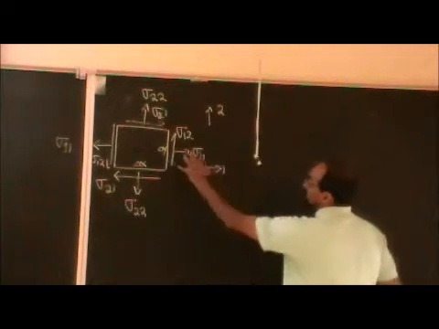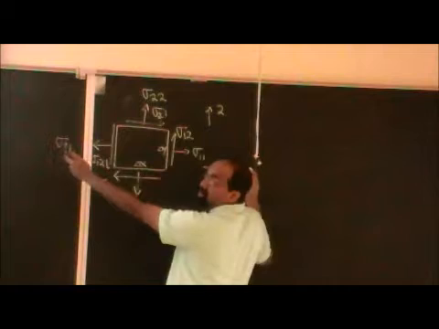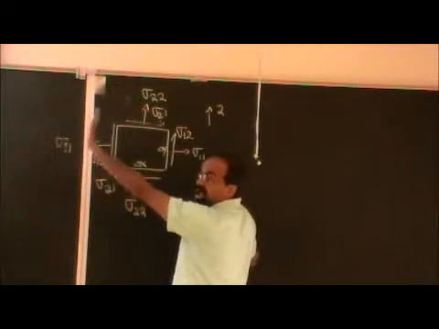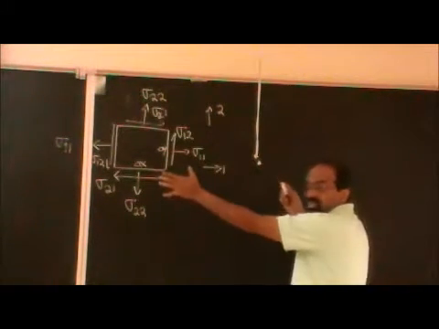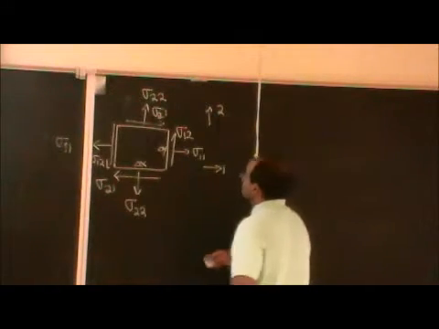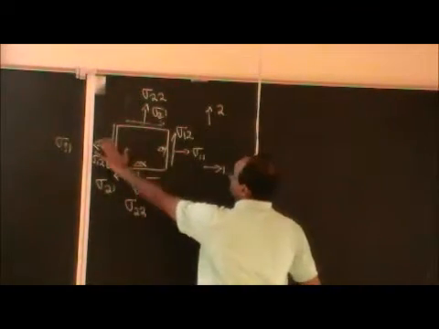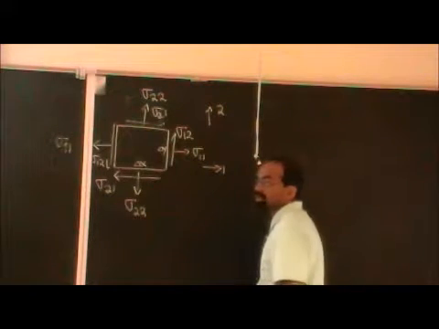First of all, force balance on this element implies that sigma 1,1 must be the same on both faces in the absence of body forces, because otherwise this thing will accelerate. So there are no body forces, so force equilibrium says that sigma 1,1 must be the same, and similarly in the vertical direction.